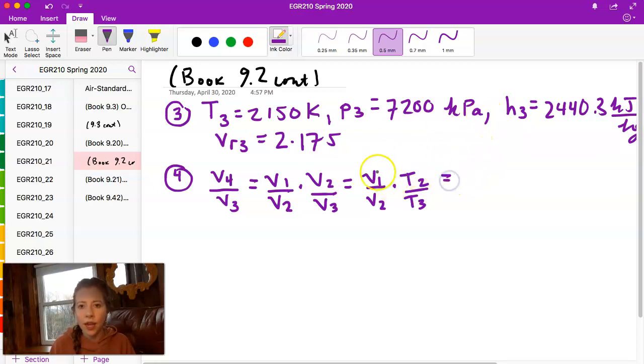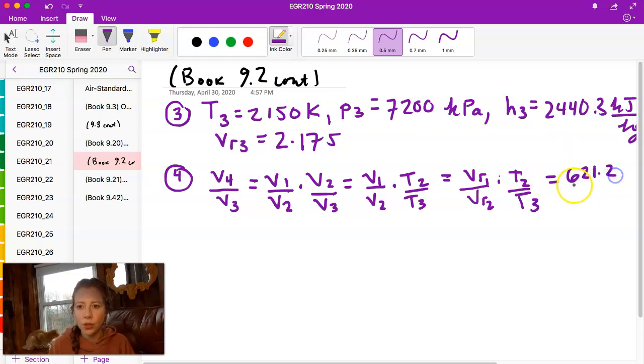And so then V1 over V2, we know that because we have VR1 over VR2, and that's going to be times T2 over T3. And so this is going to be 621.2 over 26.793 times 979.6 Kelvin over 2150, which is going to give us 10.56.